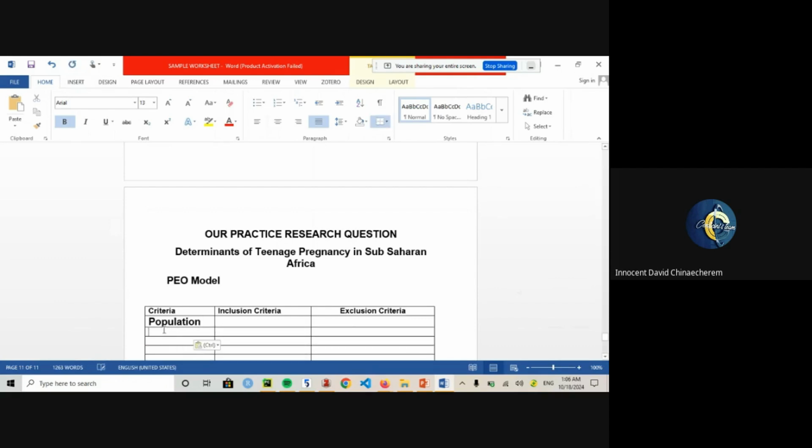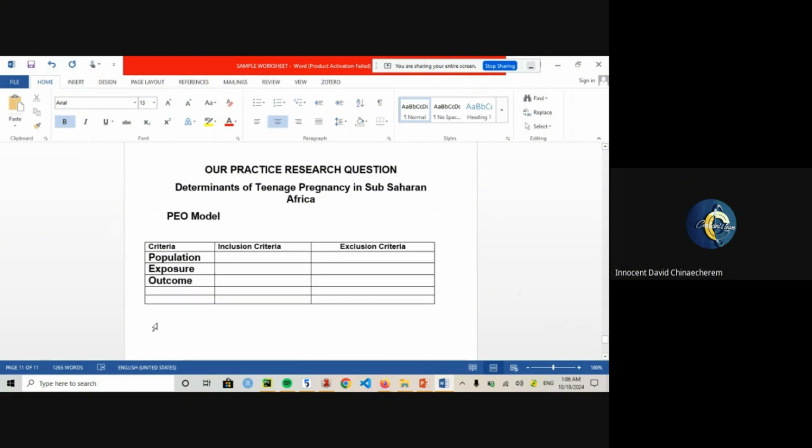So I'm going to quickly insert that. Cool. So I'm also going to make other considerations. I'm going to look at design. I'm going to look at the duration.